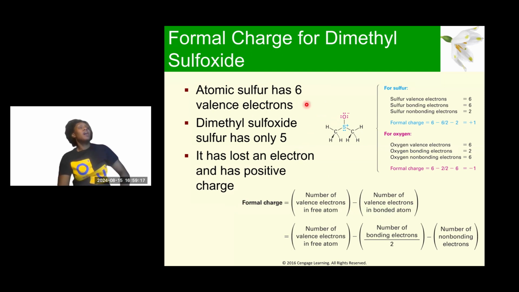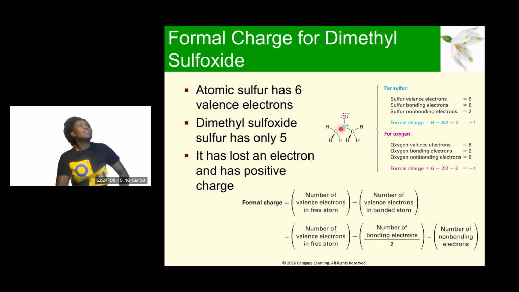Atomic sulfur has 6 valence electrons. When sulfur is neutral in its atomic form, it has 6 valence electrons. It's in group 6. Where in dimethyl sulfoxide, sulfur only has 5. So let's look at how it has 5.